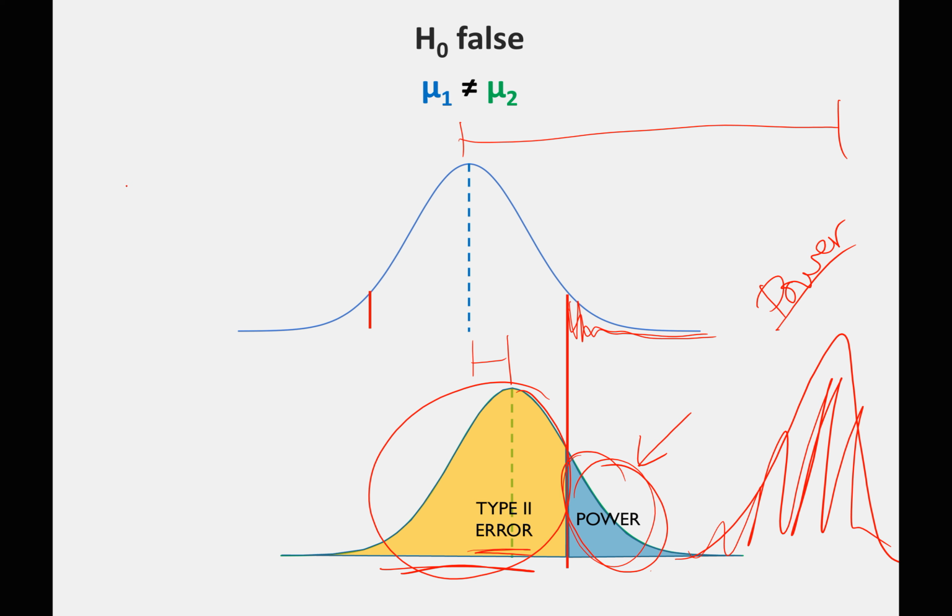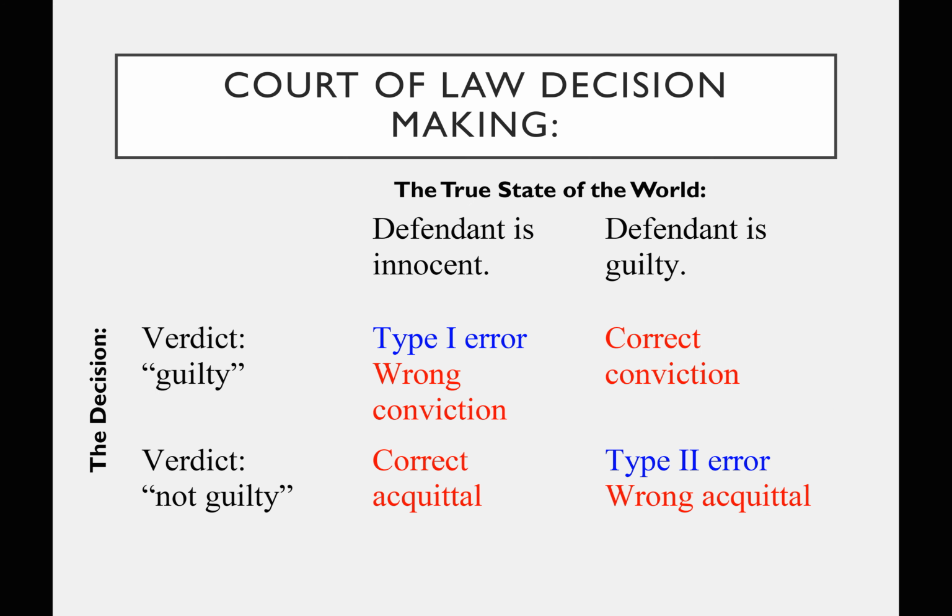If it's a really small effect, like they're only just a little bit different, then our power is going to be really low. So we'll come back to that idea because power is affected by a couple things, and one of them is definitely the size of the effect.